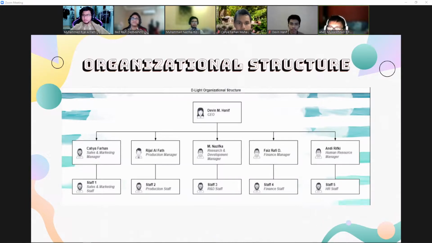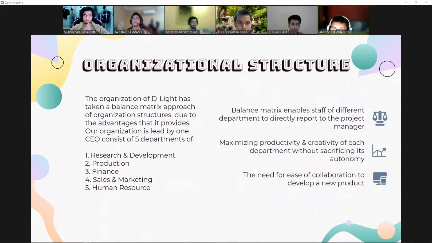Our organization consists of 5 departments, which are research and development, production, finance, sales and marketing, and human resources. The reason why we chose this structure is because it gives us several benefits, such as enabling staff from different departments to directly report to the project manager, maximizing our productivity and the creativity of each department without sacrificing its autonomy, and meeting the need for ease of collaboration to develop a new product.